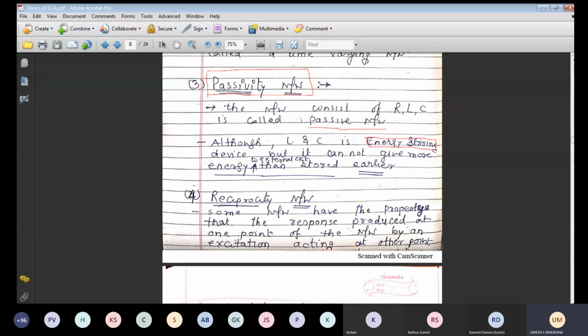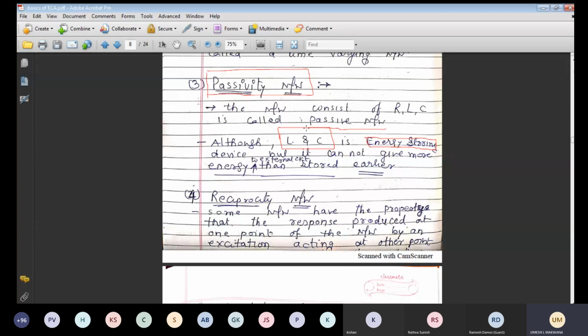But when the external source is removed, L and C will give back whatever energy is stored in the inductor and capacitor to the circuit for a moment of time, not continuously.